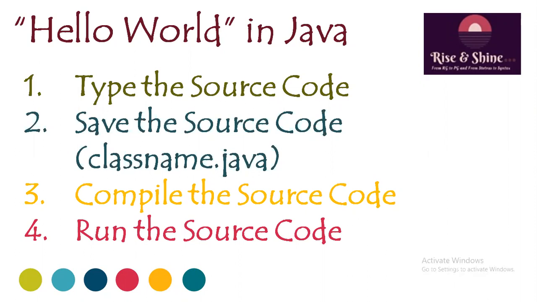Then you have to save your source code, whatever you typed, in a file with class name .java. So your file name extension is .java and the file name is the same as the class name.